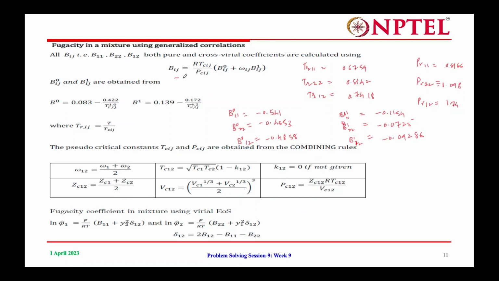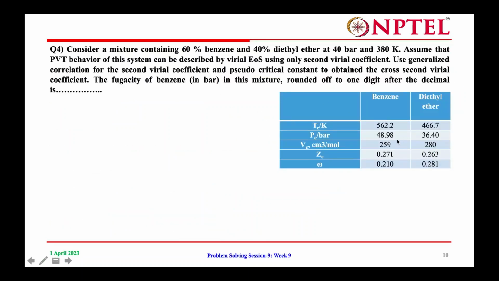So using this equation, suppose B11. So here R is 83.14 bar, sorry, centimeter cube bar per mole Kelvin. And TCi, there is a TC1 for benzene and TC2 for the diethyl ether.